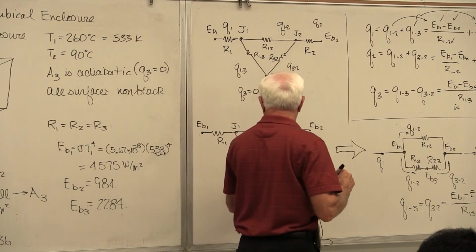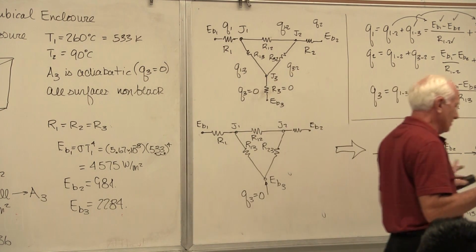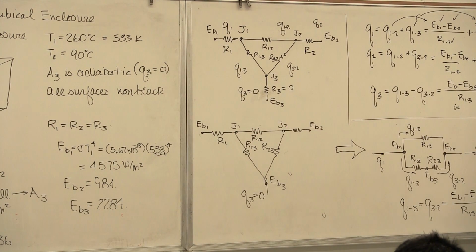Assume I don't know which way those Q's are going. Now, we're going to, again, assume we don't know which way the Q's go. In a simple problem like this, we pretty much do, but we're going to play the game of using the equations 13, 21 and pretend we don't know which way the Q's go.